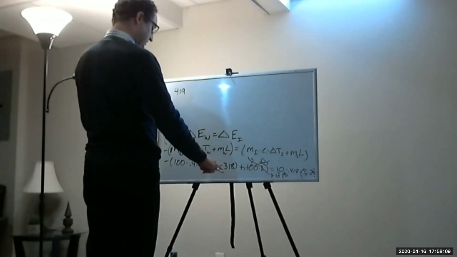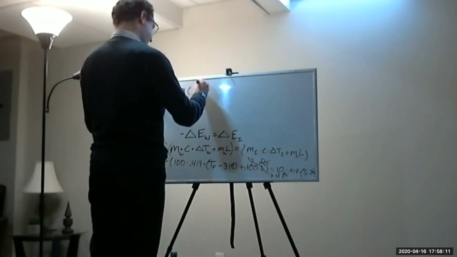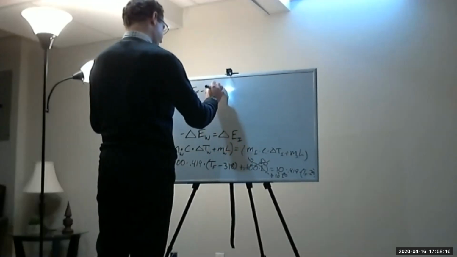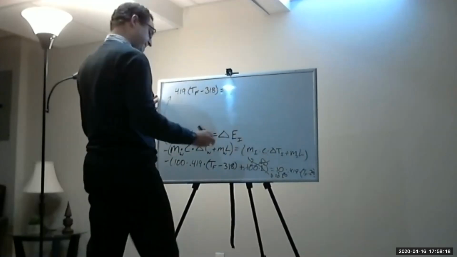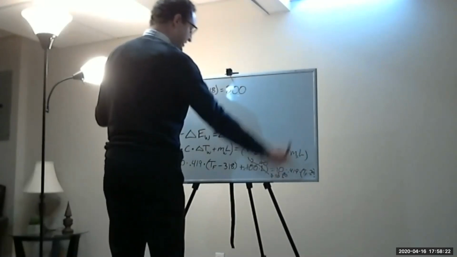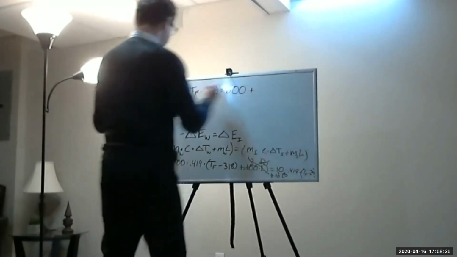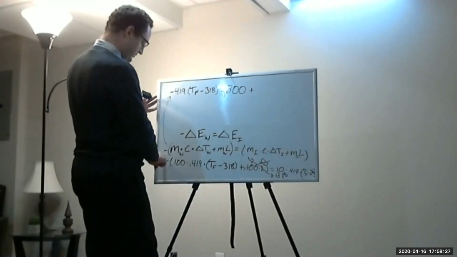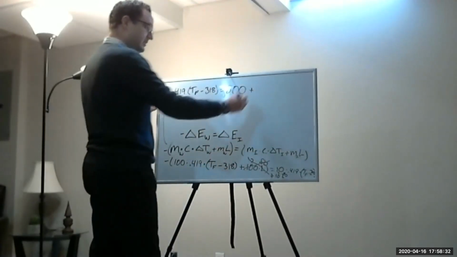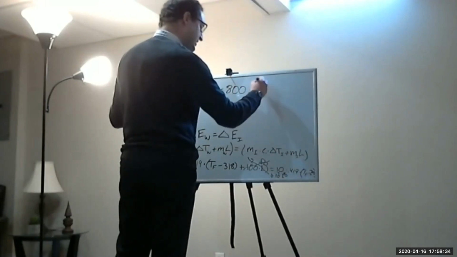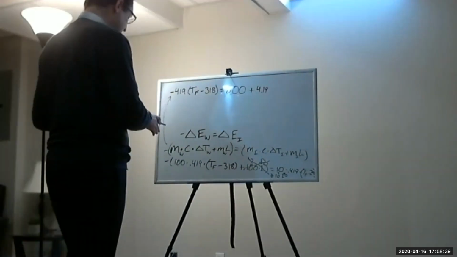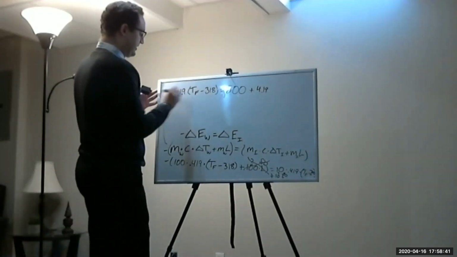I'm just going to start simplifying these numbers. From my 10 times 80. And don't forget your negative. Okay. Plus 10 times that is 4.19. Yes, there's a decimal point here.